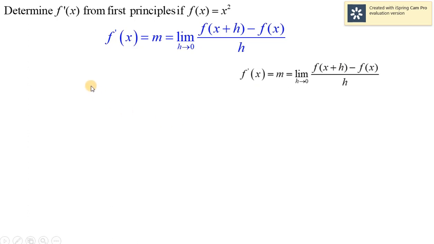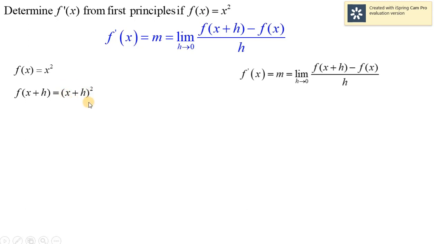So I go ahead and write down the question. F of x is equal to x squared. I first need to find out what f of x plus h is, which means wherever I see an x, I remove it and replace it with x plus h.